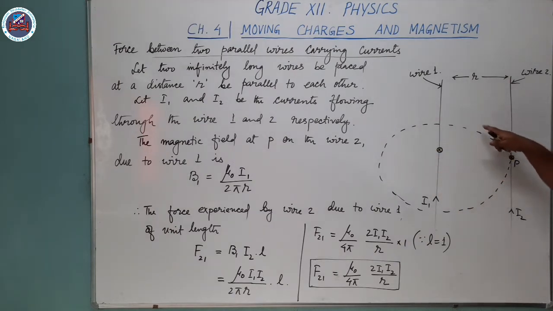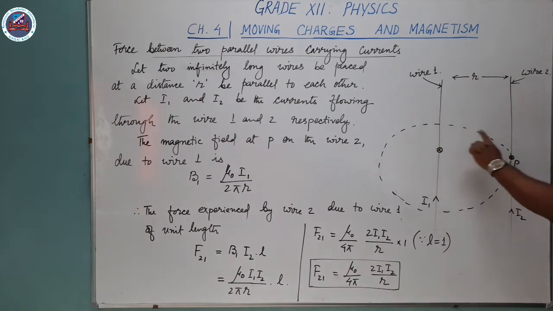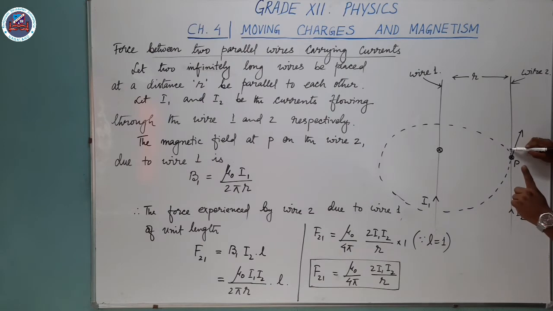We know it will be anti-clockwise, like this it is going. This is the wire, like this it is coming. Then at point P, it is flying over tangentially, making an angle of 90 degrees with the radius. This is the direction of magnetic field, that is B1, so going inwards.